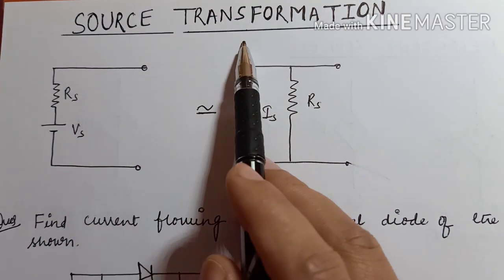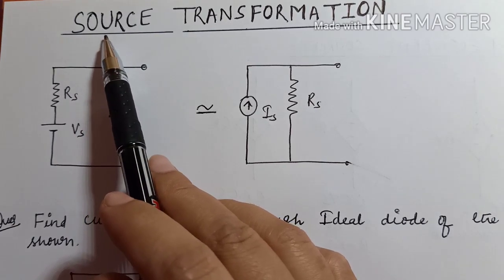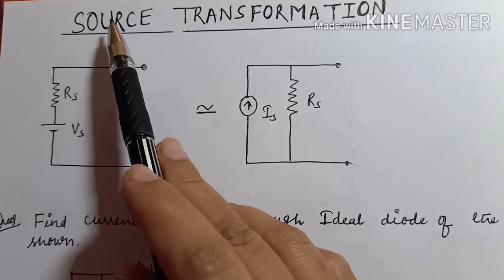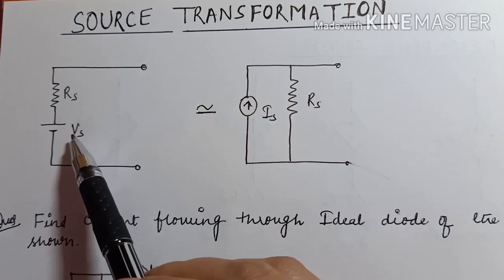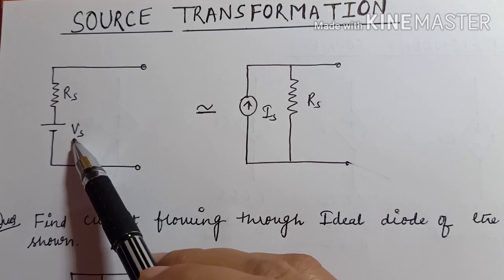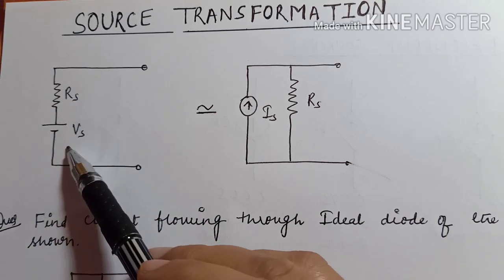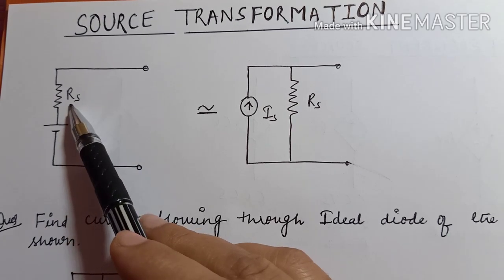So source transformation. Source means whether that source may be an active voltage source or a current source. For example, let's say in this circuit, this is a voltage source, magnitude is Vs, and the internal resistance of this voltage source is, let's say, Rs. Clear?